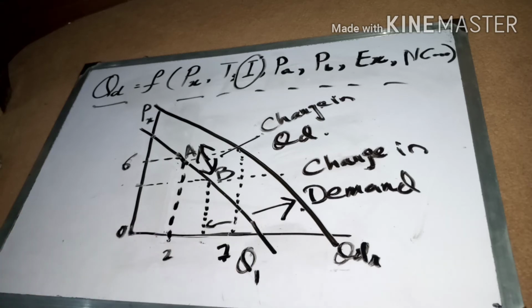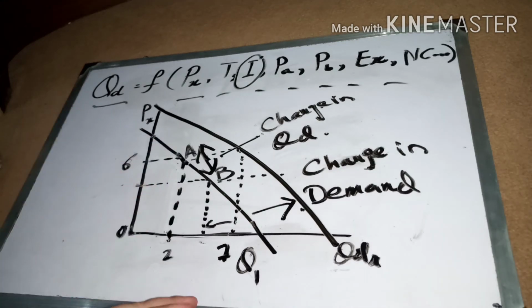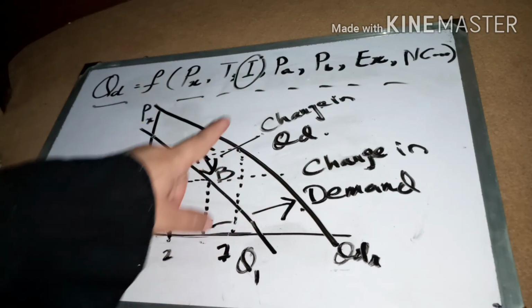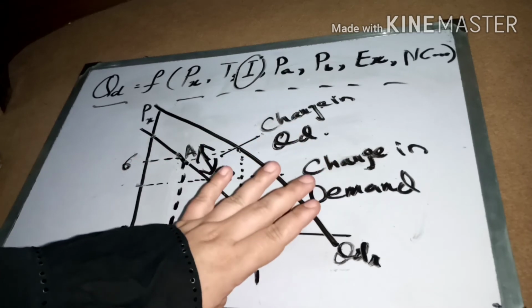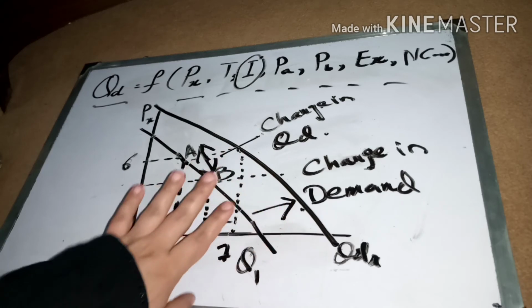Now, I hope it is making sense to you what the difference is between these two phrases, change in quantity demanded and change in demand. These are two different things.